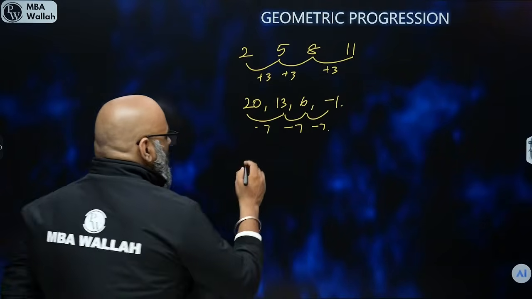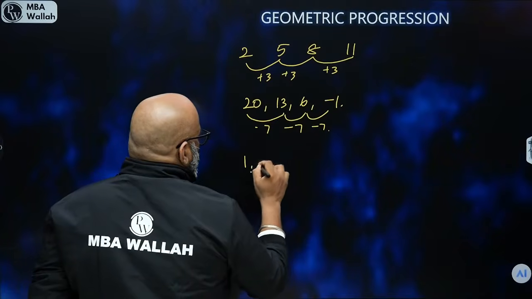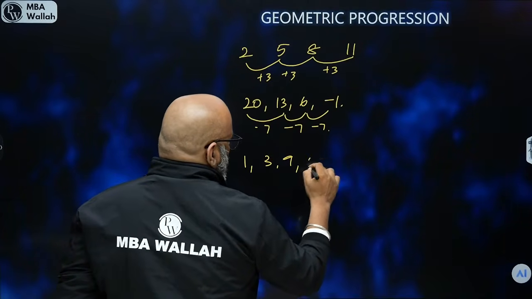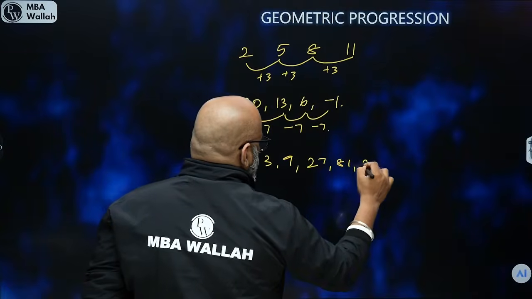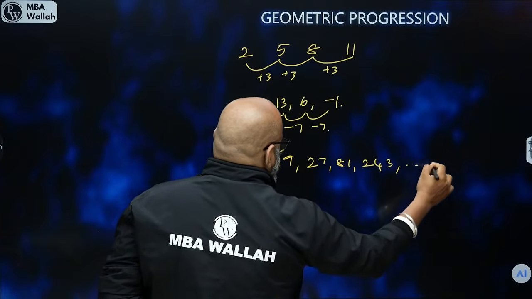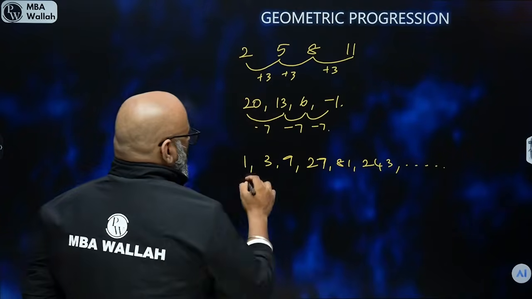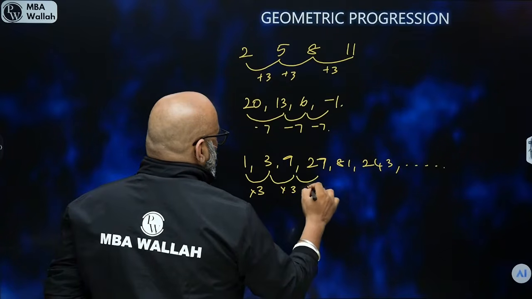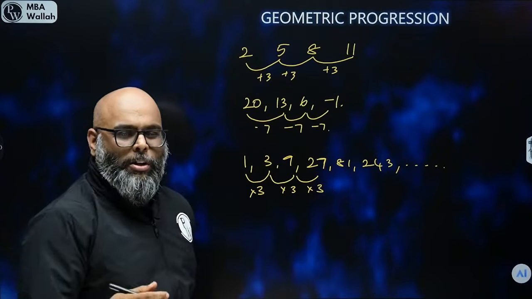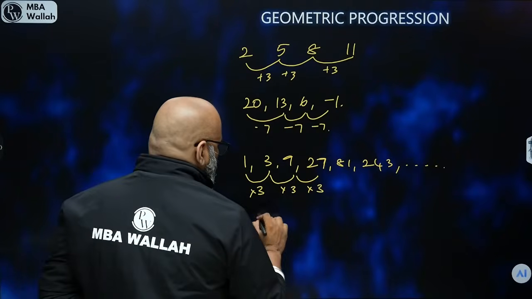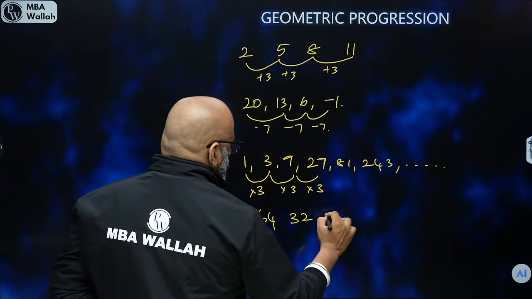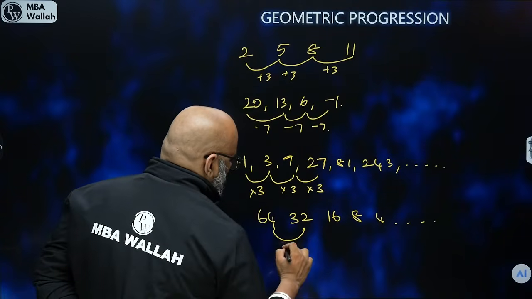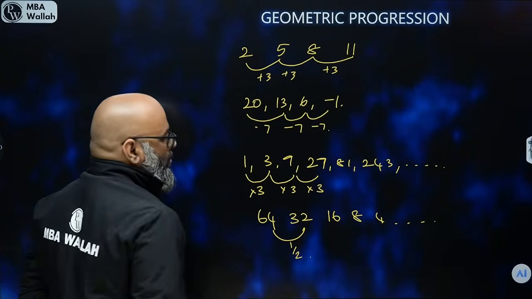Now, if I say 1, 3, 9 and then 27, 81, 243 and so on, you notice that it is into 3, into 3, into 3 constantly. Or you can also divide, which will be 64, 32, 16, 8, 4 and so on. But the common difference is 1 by 2. Sorry, the common ratio.